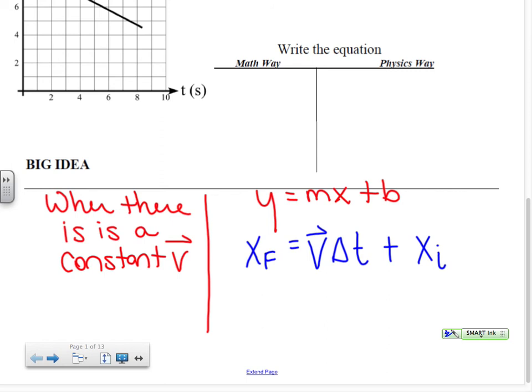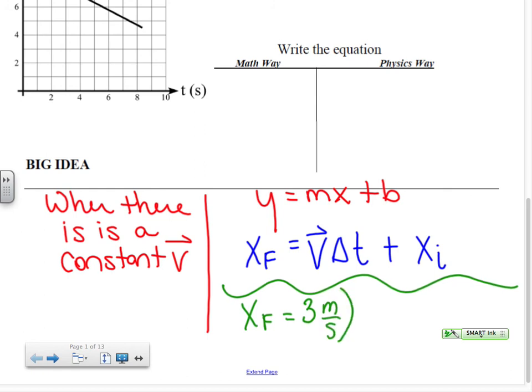Now, when you look at this, you can do calculations very easily. For example, if I wanted to find my xf, and my velocity was 3 meters per second, my object moved for 3 seconds, and my starting position was 1 meter, then I just do the math.